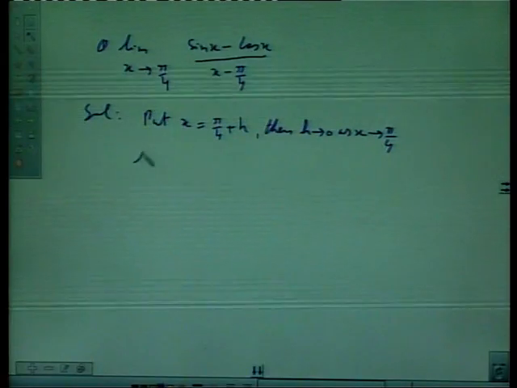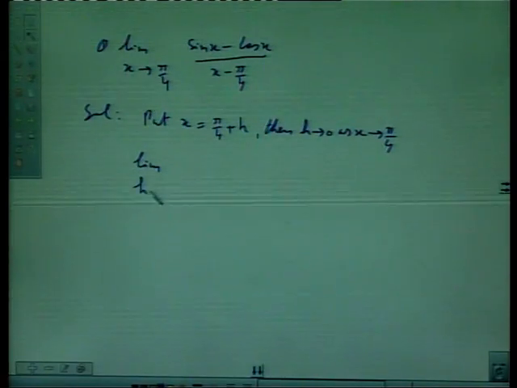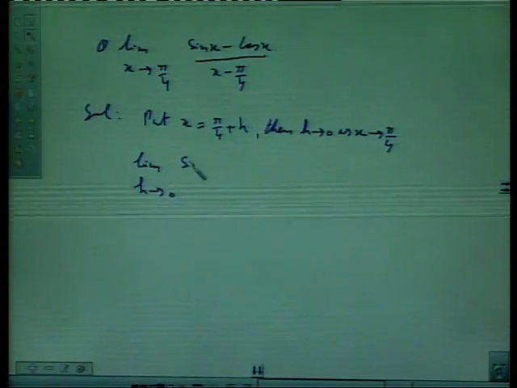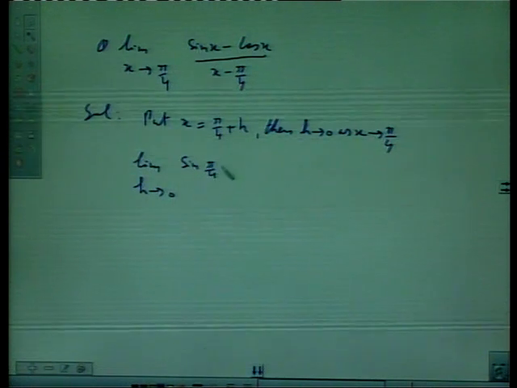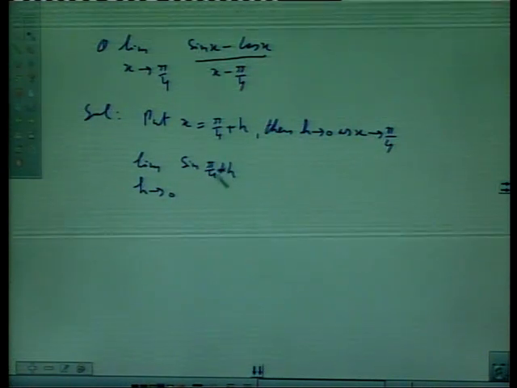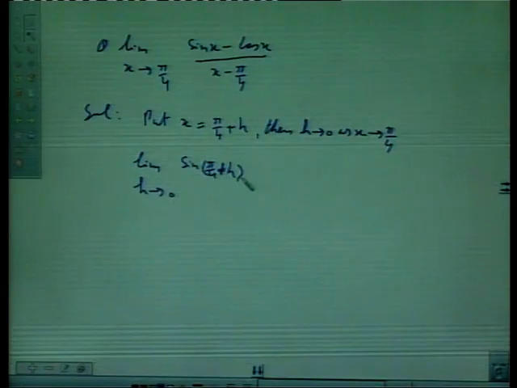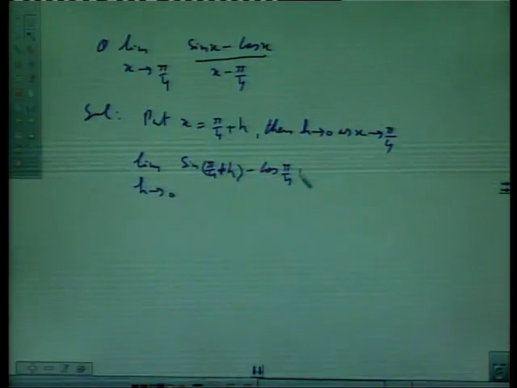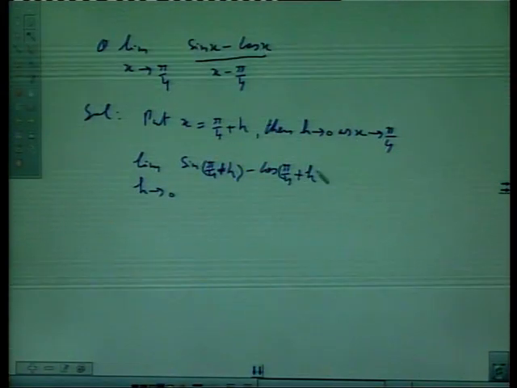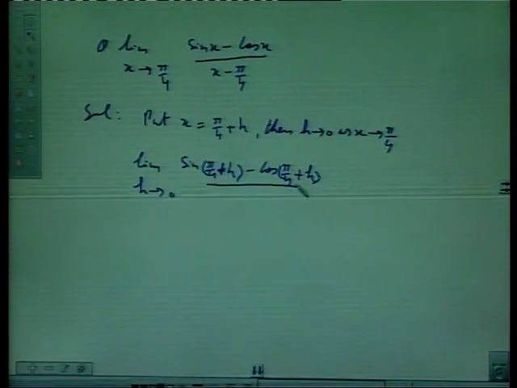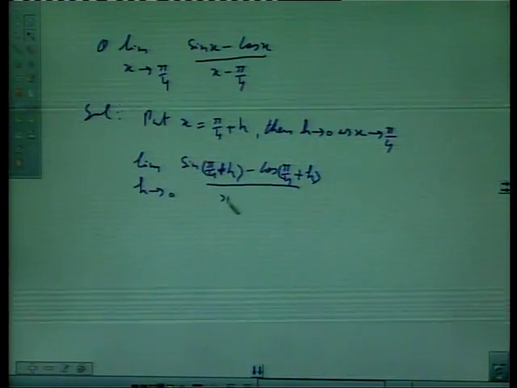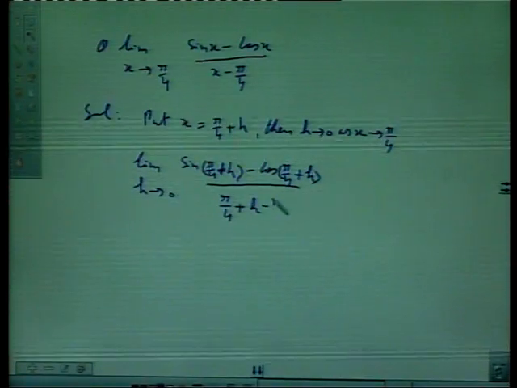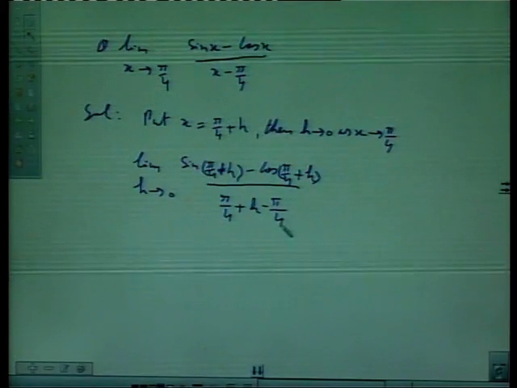So the limit will change: h tends to 0, in place of x, sin of pi by 4 plus h minus cos of pi by 4 plus h, upon pi by 4 plus h minus pi by 4.